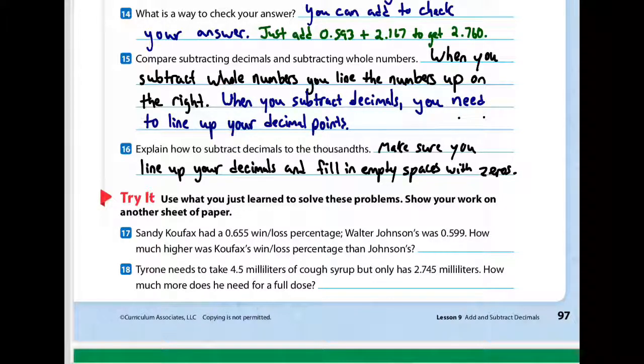Remember, if you don't fill in empty spaces with zeros, you might mess up the regrouping. All right, so now, remember, you could pause the video and make any corrections you need to.